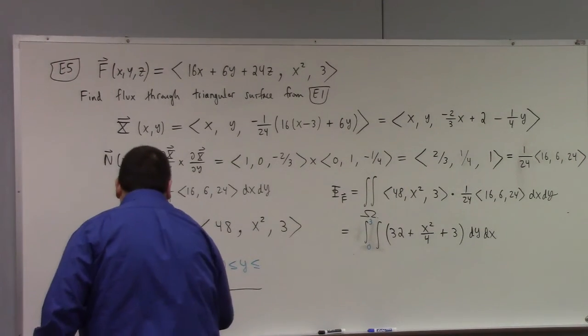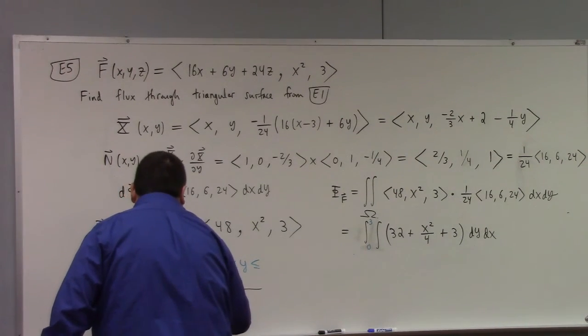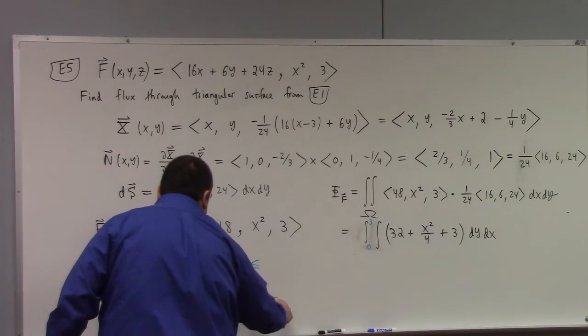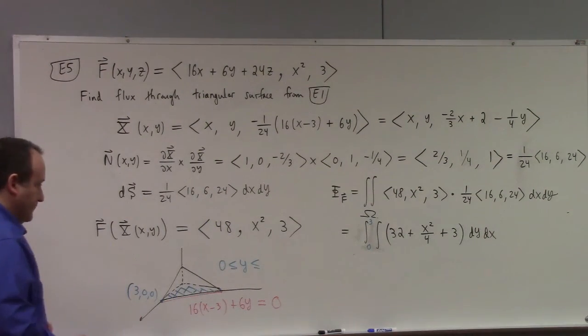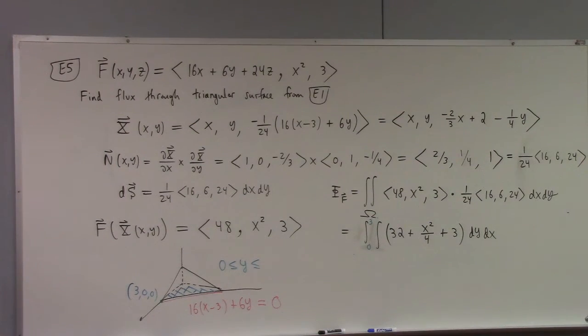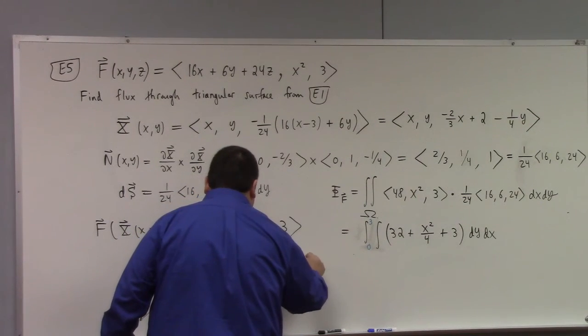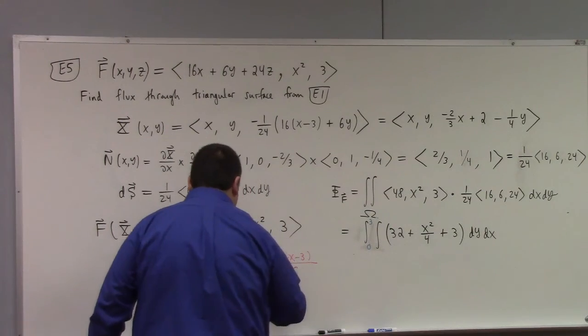We've got 16x minus 3 plus 6y equals 0 on that curve. So apparently my y is equal to minus 16 times x minus 3 divided by 6.